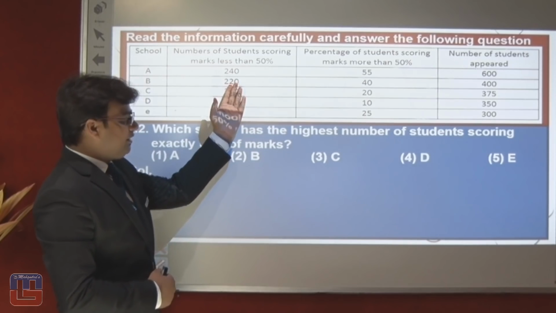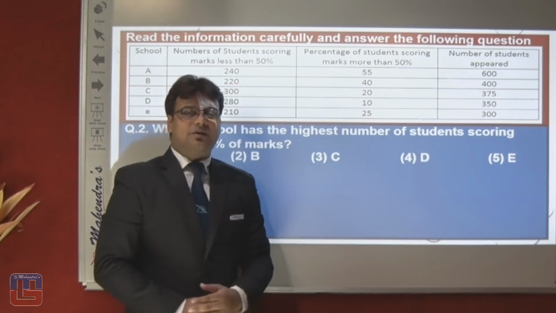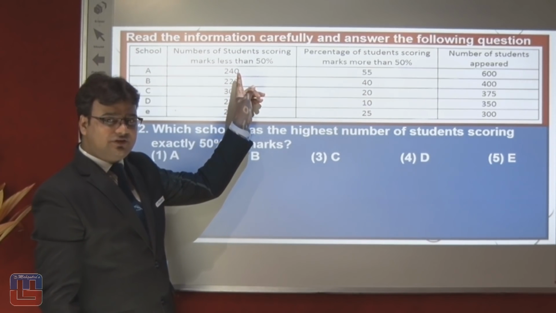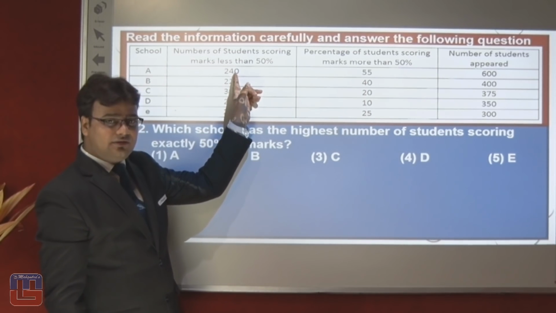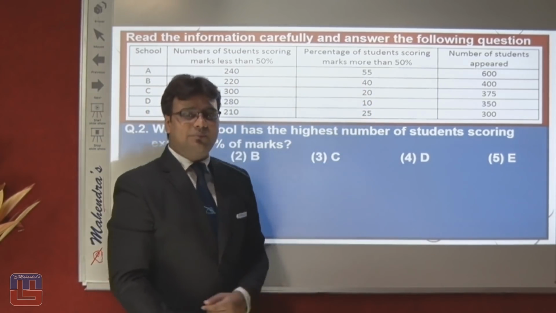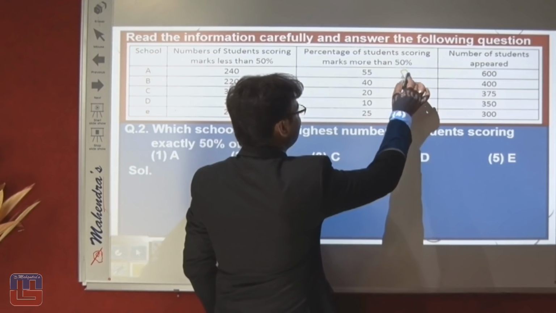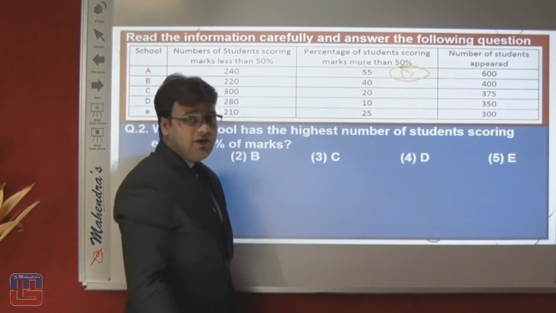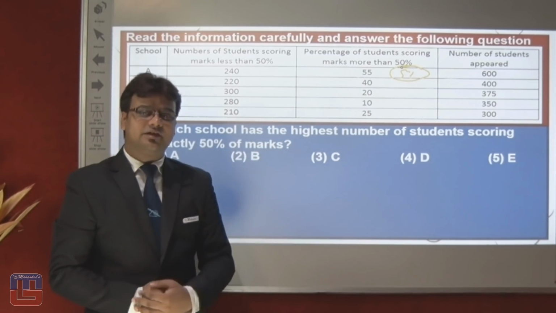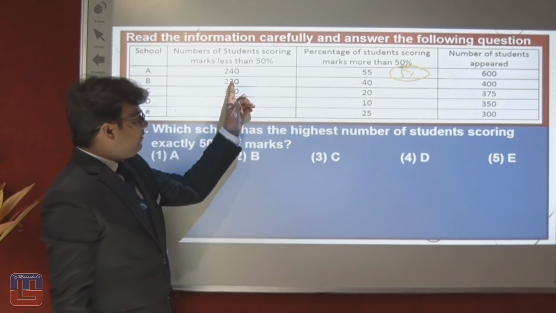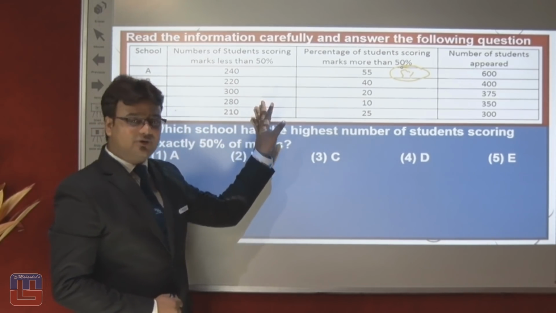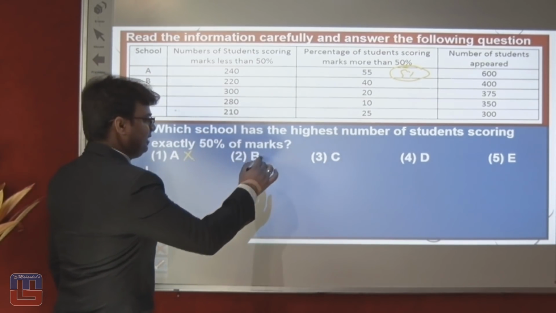Here 240 and here 55%. 240 out of 600 is 40%, plus 55%, that means 95%, that means 5%, and 5% of 600 is 30. Similarly, 55 plus 40 is also 95%, that means 5%, so options A and B are impossible.